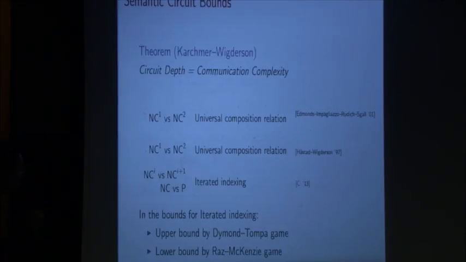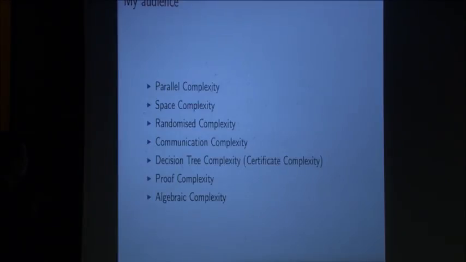For the impatient, there's a new result here. You are expected to see different complexities, most prominently parallel complexity and space complexity. Later I will talk about how we are shooting for a non-uniform lower bound, so it will have application to randomized complexity if we manage to get that. You will see it's motivated by communication complexity.